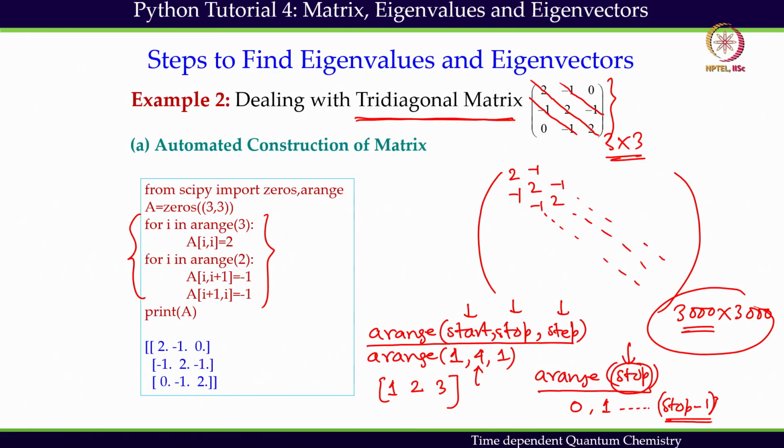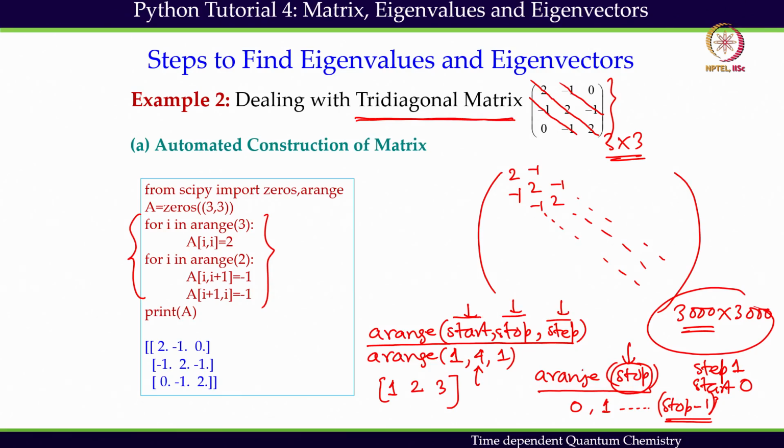So, by default it is taking the step size to be 1, and the starting point to be 0. That is the default input it will take. So, the arange functionality works with both constructs. One construct where we give 3 inputs together, where we can control where to start, where to stop, and what is the step size.